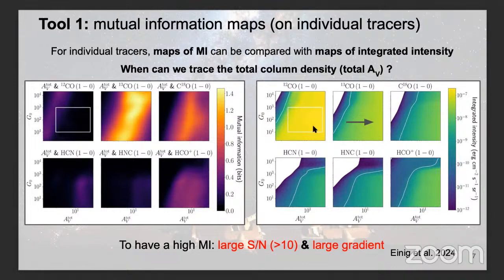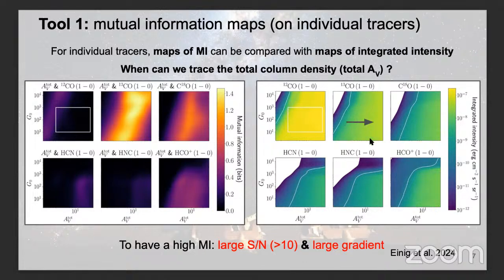And what we see here is that we can interpret those plots by looking at these. Those are just the intensity of the line predicted by the model as a function of the same parameters, AV and G0. And we see that there are two things that contribute to a line being informative. The white line here shows the 1 sigma noise level of the observation. So of course, if you are in this region, the line is not significantly detected, and so it will not be informative.